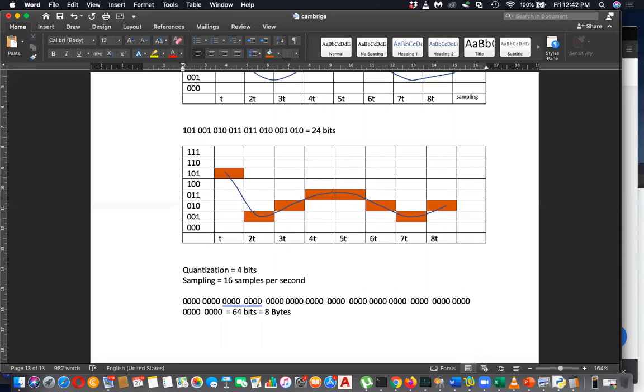If your song or sound is, let's say, 3 minutes, what is the size?